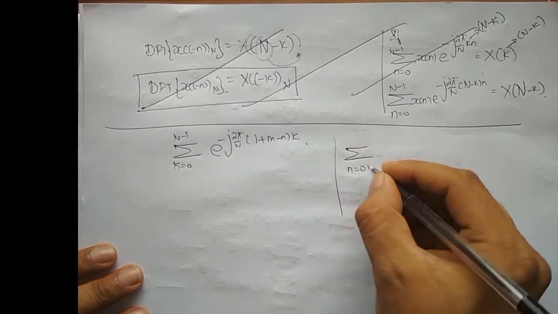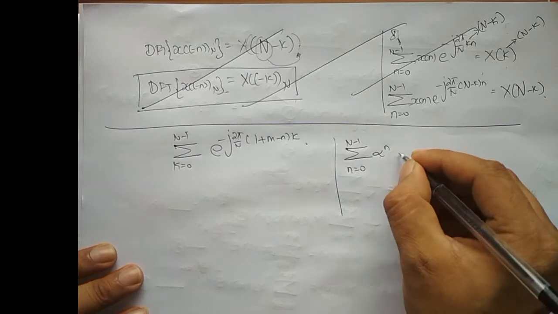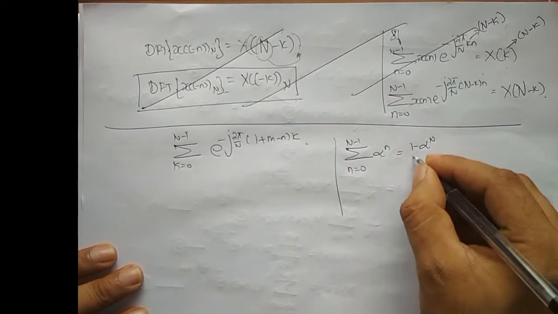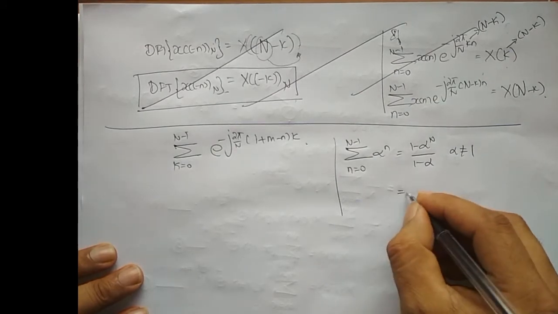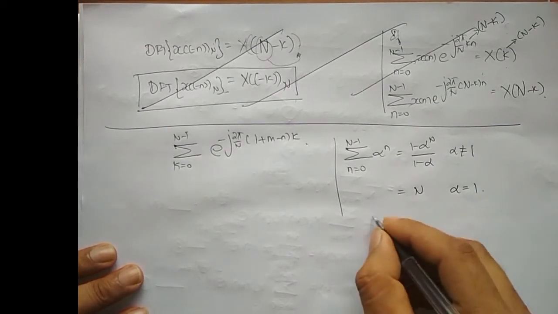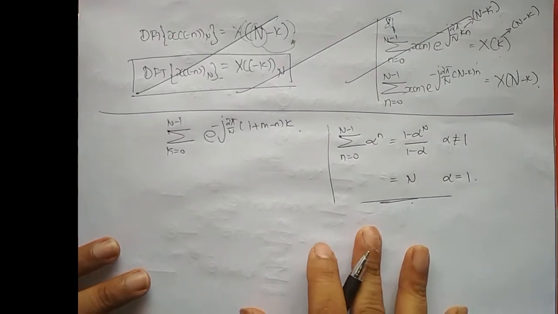Summation n varying from 0 to N minus 1 of alpha power n is 1 minus alpha power capital N divided by 1 minus alpha for alpha not equal to 1, and equal to N for alpha equal to 1. This is a standard result.